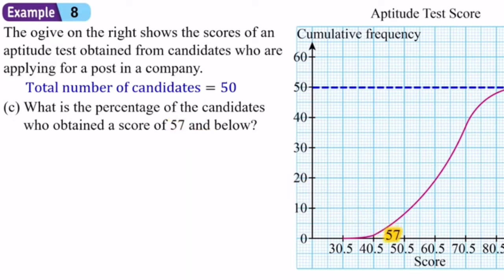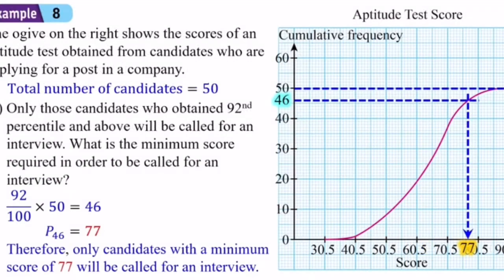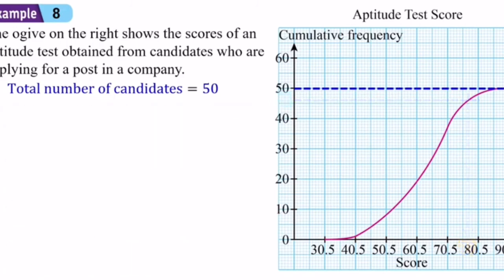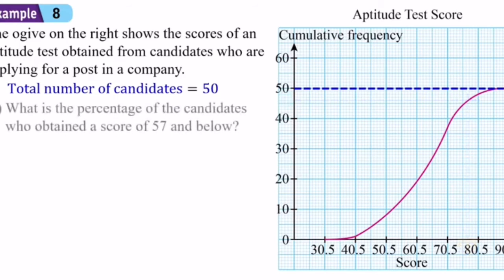Now we need to indicate precisely the score of 57, and then from the 57 we need to draw a vertical line to the ogive, and it will intersect with the ogive, and we will turn to the left and read the cumulative frequency.